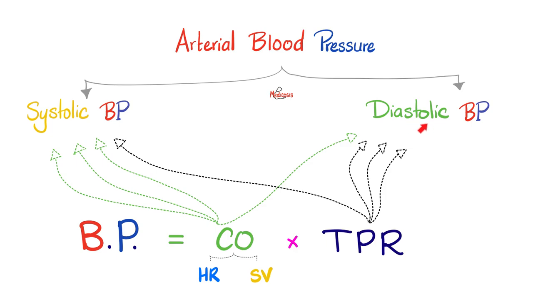The clamping down, the constriction of arteries around the blood. So if you have healthy arteries, you'll have good diastolic. If you have arteries that have been damaged from atherosclerosis or hardening of the arteries, you'll have a bizarre diastolic blood pressure. So it really depends on the elasticity of your arteries. It also depends on the total peripheral resistance, which depends on the radius of the arteries.